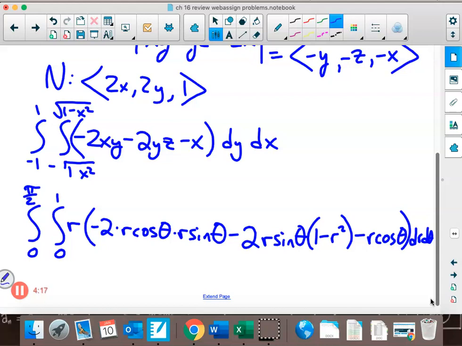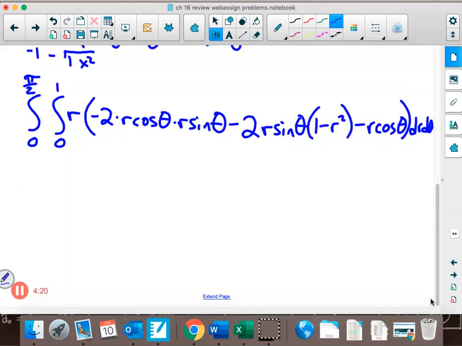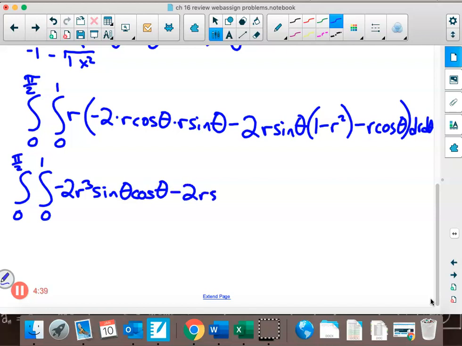All right. So cleaning it up. So let's see, we have negative 2r cubed sine theta cosine theta minus 2r sine theta plus 2r cubed sine theta minus r squared cosine theta.